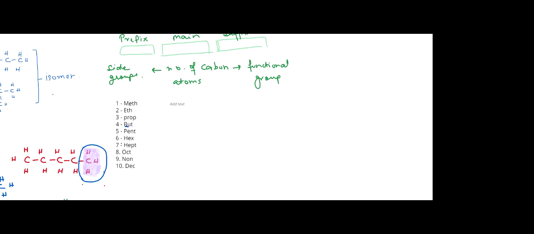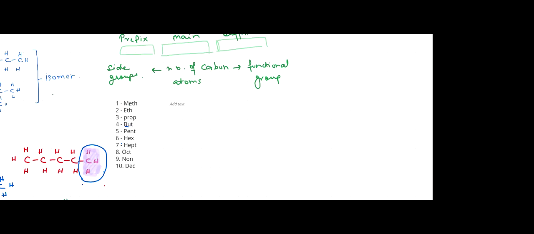If the molecule has the functional group of alkanes, we use the suffix ane. So for example, if we have one carbon atom and it's an alkane, we make it methane. If we have 6 carbon atoms and it's an alkane, it becomes hexane.